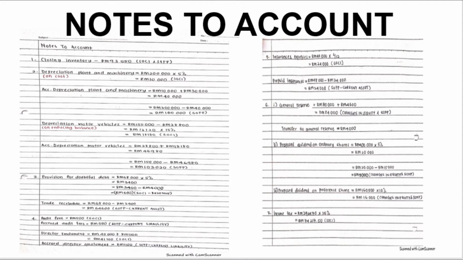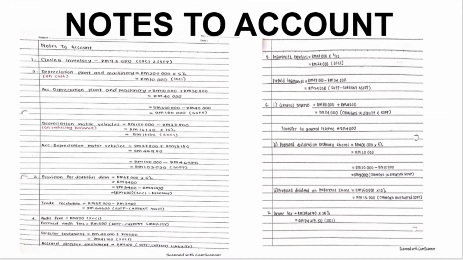The total we get is 18,118, which will be included in the statement of comprehensive income under expenses.